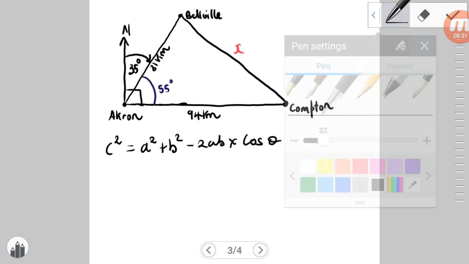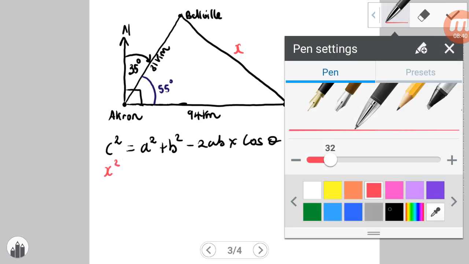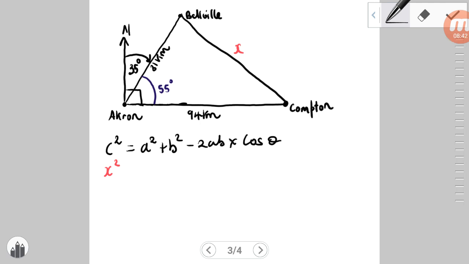All right, so therefore the side that we're looking for here is obviously Belleville to Compton, so that's going to be marked by the letter X. All right, and then that's going to be equal to the two sides, which is 31 squared plus 94 squared minus 2 times 31 times 94 multiplied by the cosine of the angle between, which is 55 degrees.